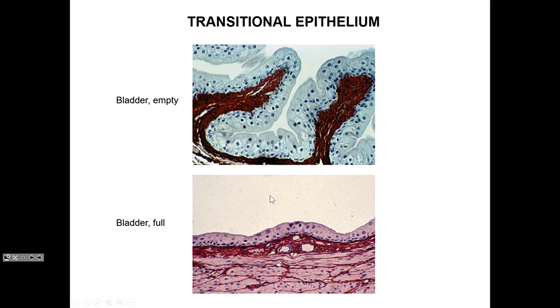And I might say, give the best answer, because one answer could be stratified cuboidal, perhaps, because it is stratified, and in this particular case it's cuboidal. But in the bladder, we always talk about transitional epithelium, so a better answer would be transitional epithelium.